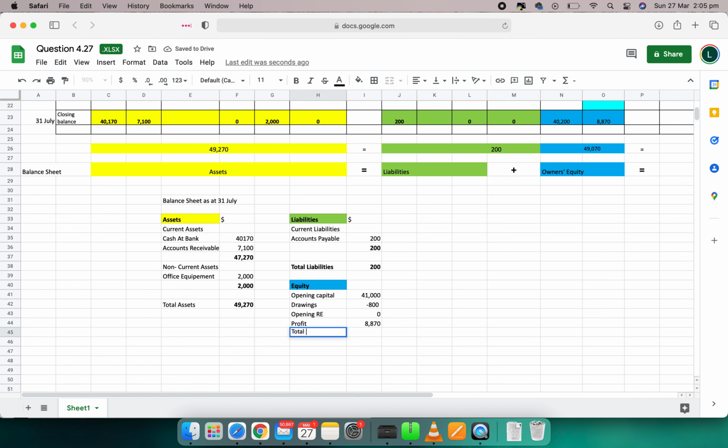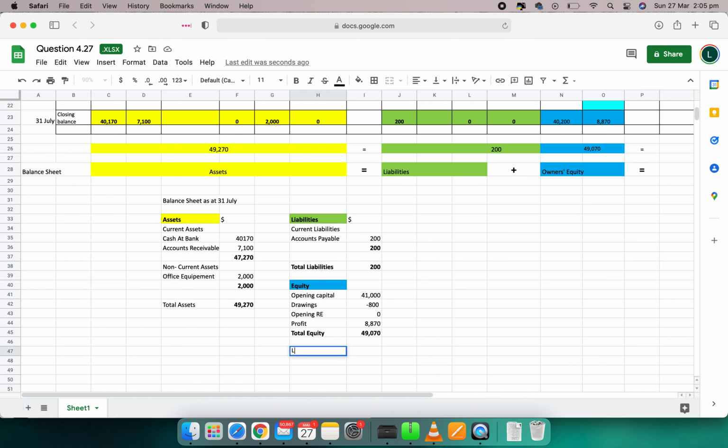And then all we do is total equity. We sum it up. So it's that, plus that, plus that, plus that. $49,070, which if we sum those up, $49,070. So what we can now do is, does our balance sheet reconcile?